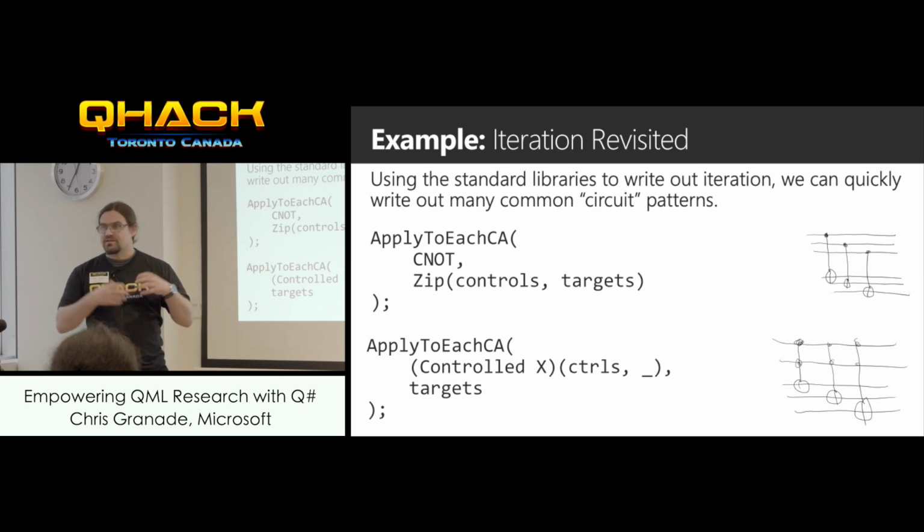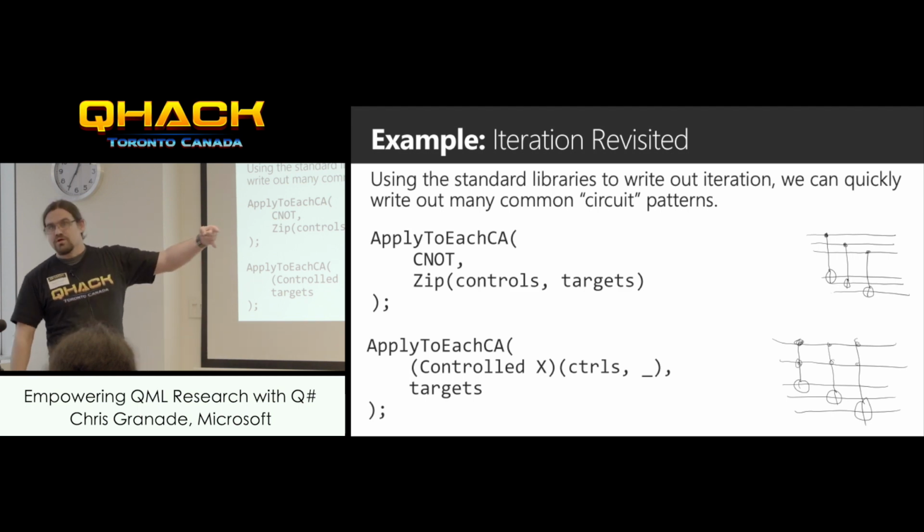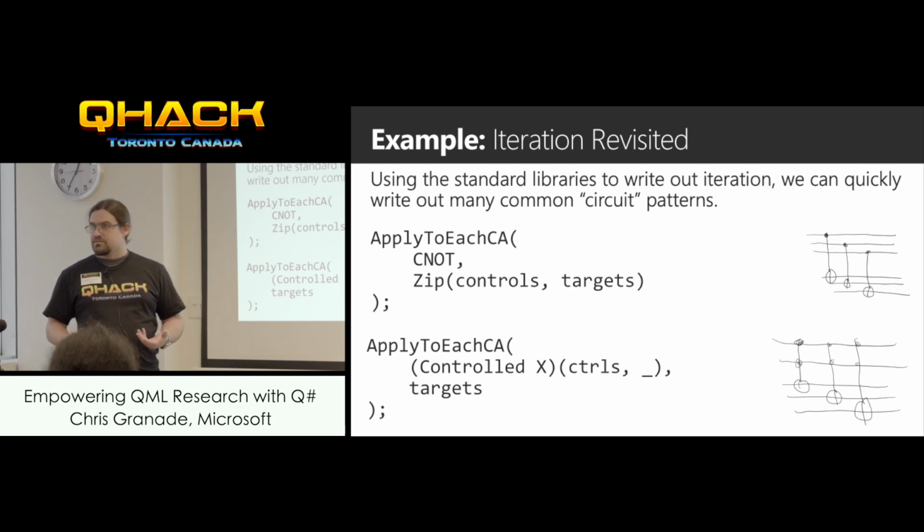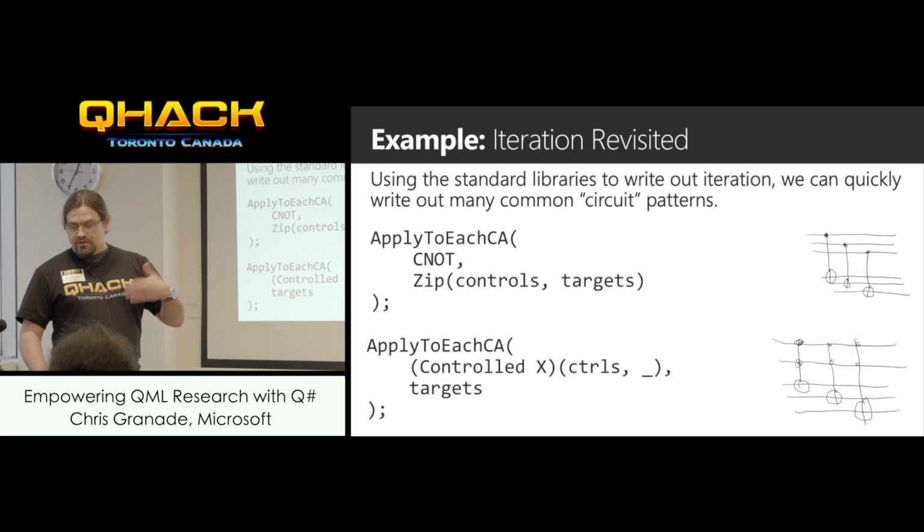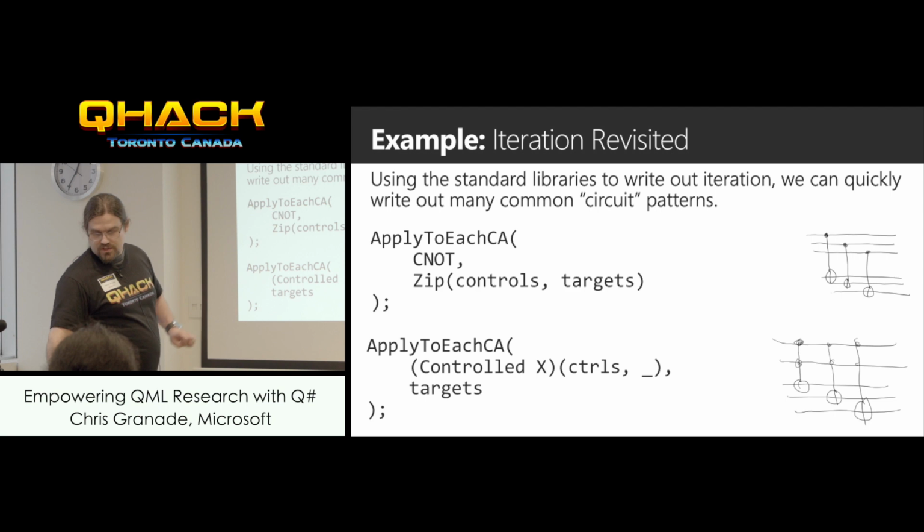This focuses on the pattern rather than a particular expression of that pattern. You can build up more complicated things, like multi-controlling on one register all of the CNOTs on each element of another register. I can use these ideas that came from thinking about iteration in a classical sense to build up these circuit-like patterns, but as programs.